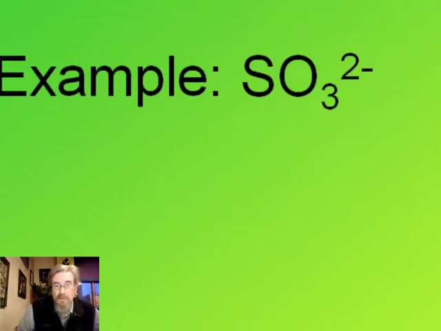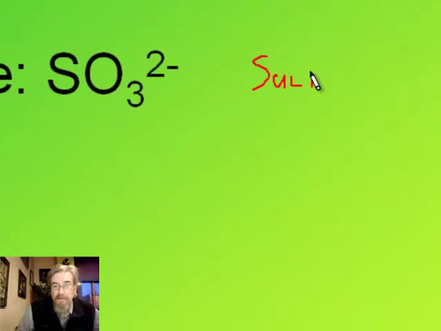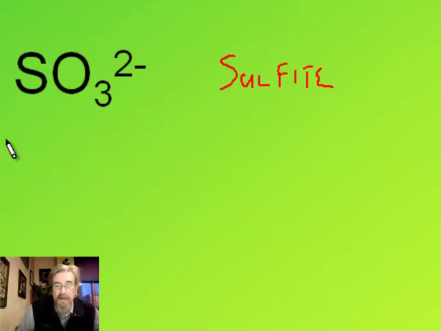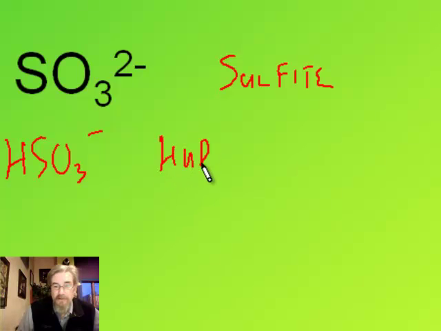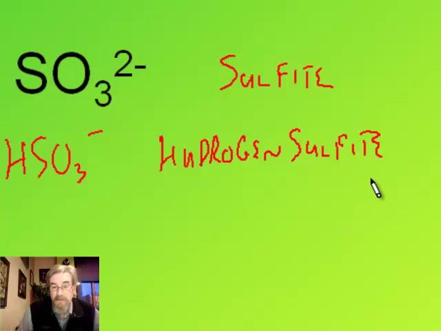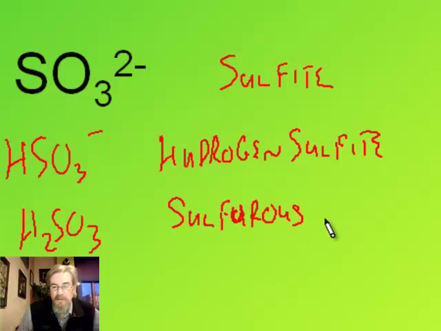This is 1 less O, so this is sulfite. If I add an H, I have HSO3, 1-. That's hydrogen sulfite, or bisulfite, some people might say. I add two H's, and I have sulfurous acid.